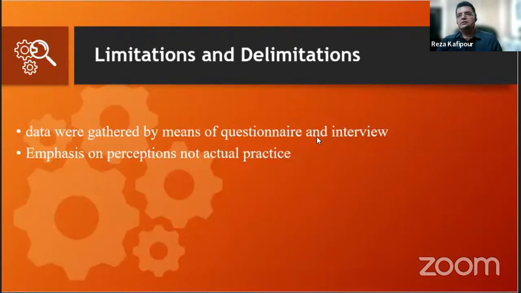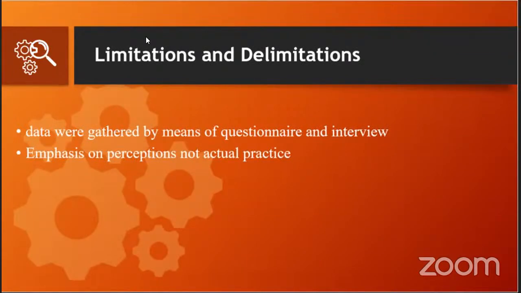But we know that sometimes when we are focusing on perceptions, the respondents try to say ideal points instead of real points, which may lead to different results. So some other researchers may try to test what the students actually do in the classroom by using techniques such as journal writing or observation.